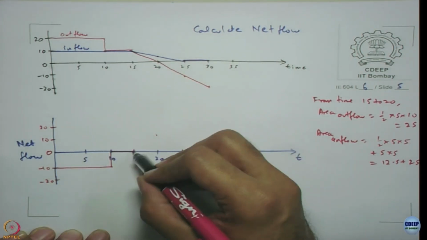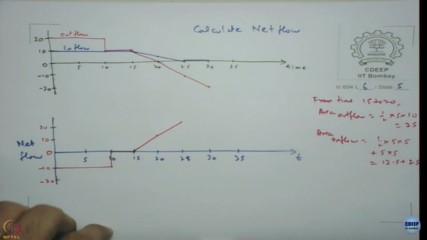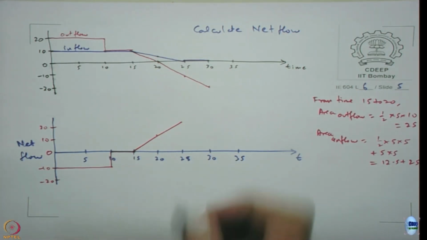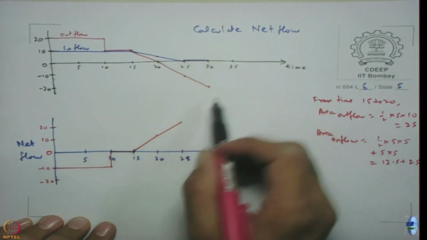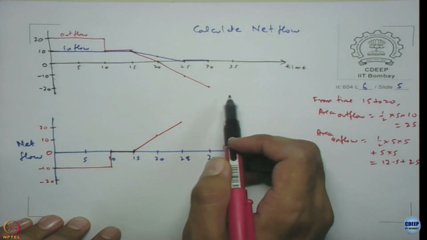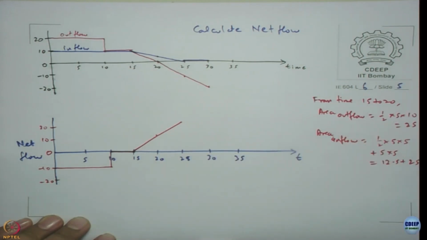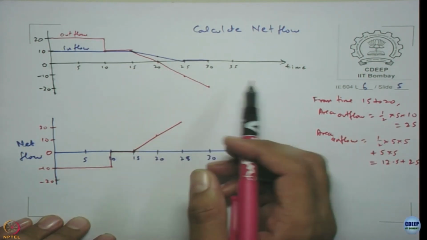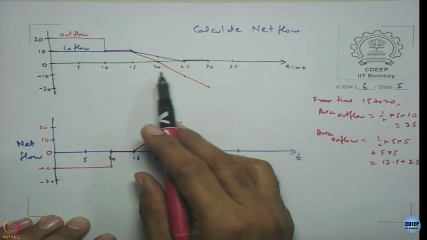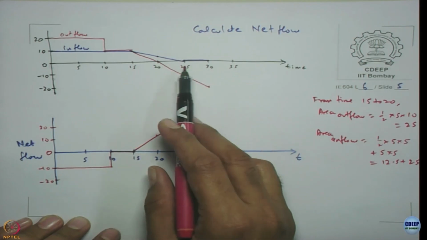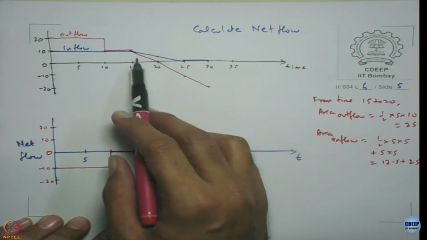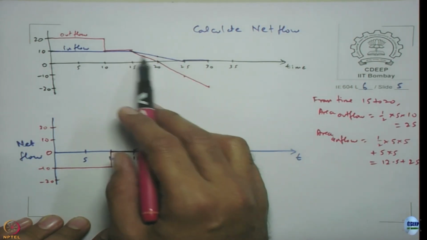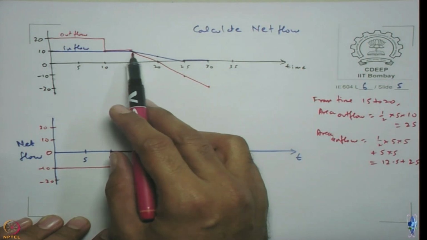So, I am going to get a line something like this here, and here there is no inflow, but outflow is negative. So, negative outflow means you are adding to the system. Whenever there is a negative outflow you are just adding to the system, rather than removing from the system. Right? Here you are adding, and here outflow is also positive.